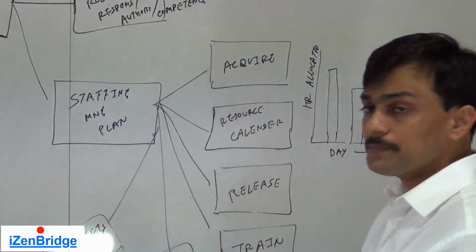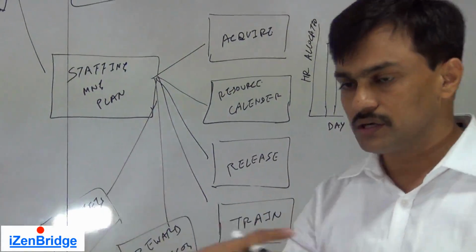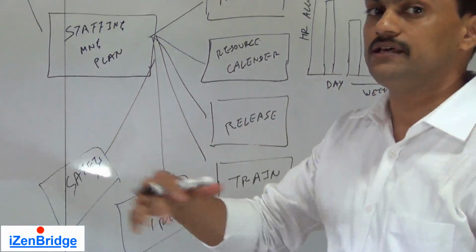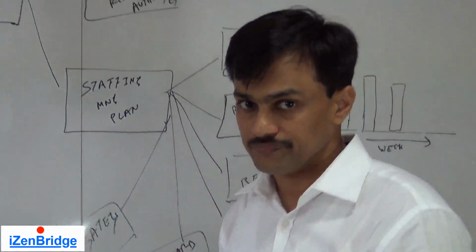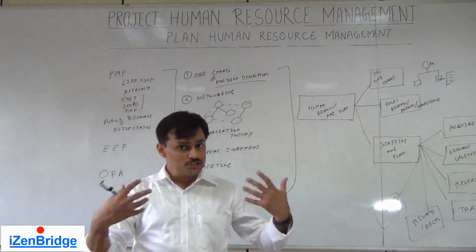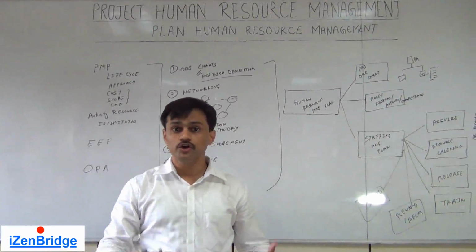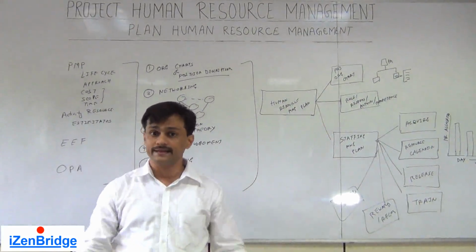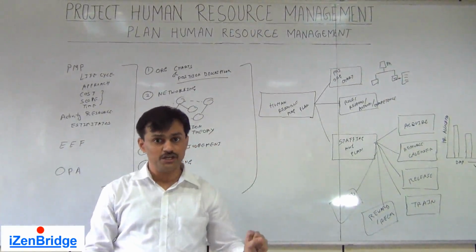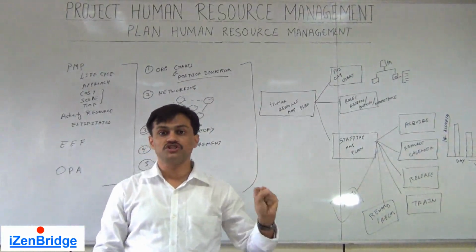So the staffing management plan is primarily focusing on getting people, giving them work, and then finally releasing them. In summary, this process gives us the human resource management plan, and this plan will help us in acquiring, managing, and developing the project team.